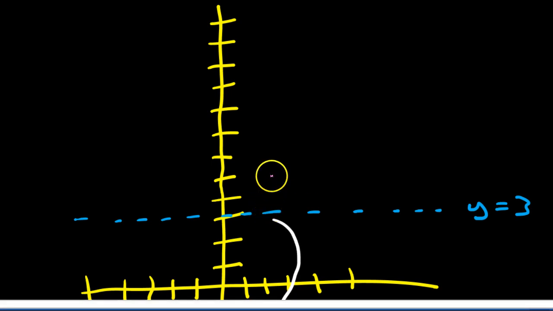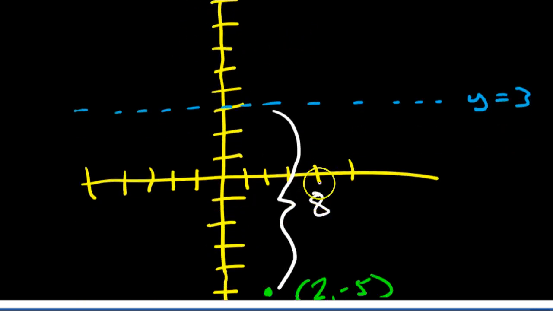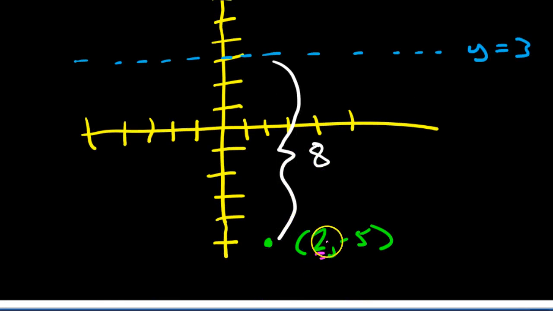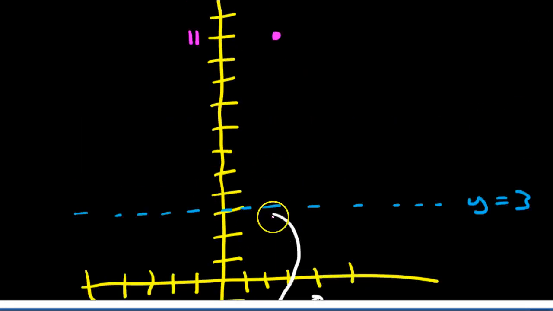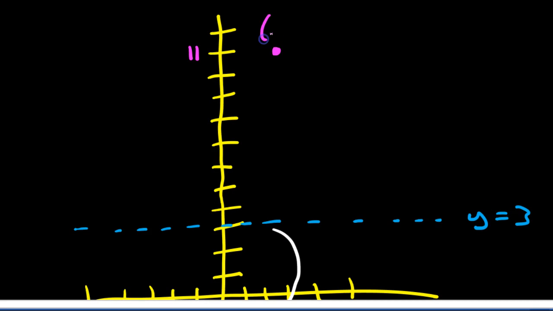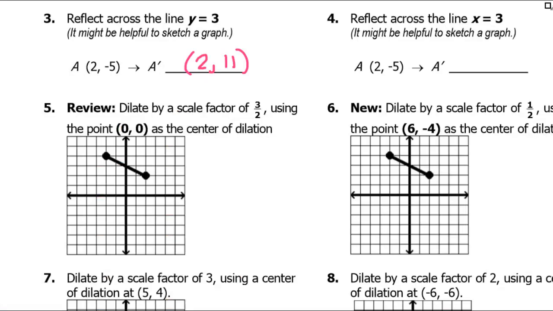So 1, 2, 3, 4, 5, 6, 7, 8. So this is actually at a height of 11, because this is 3, and then I went up 8 more, so that's a total of 11. And don't forget that the x-coordinate is 2. So we're not changing that. We're still at an x value of 2. So this is the point 2 comma 11. So there's your answer.